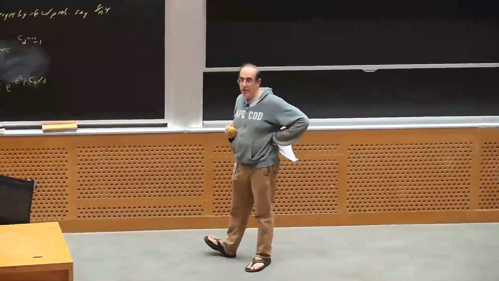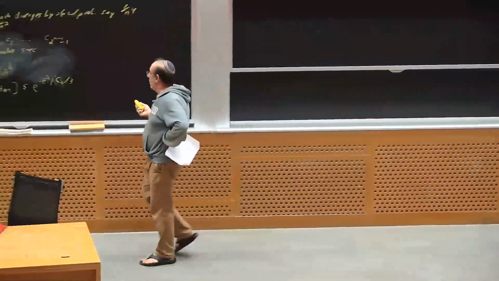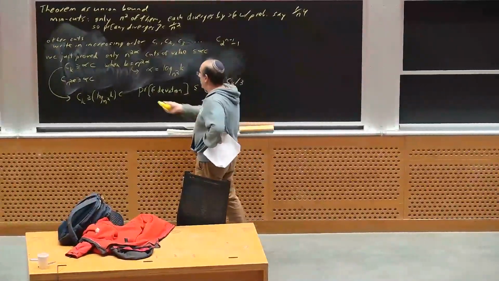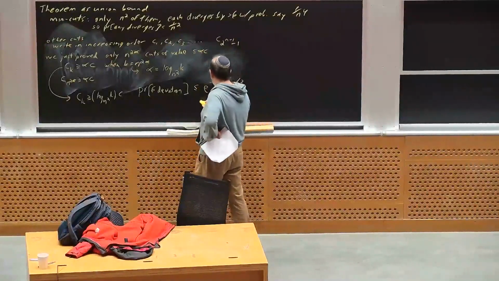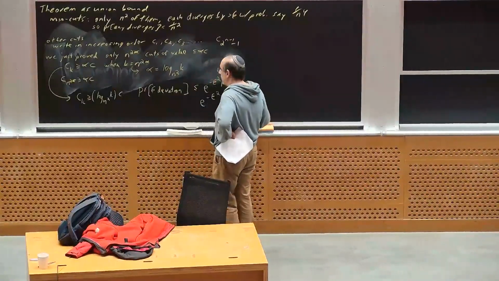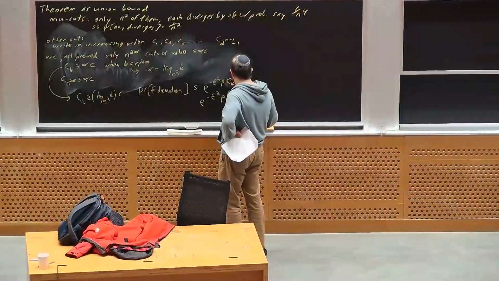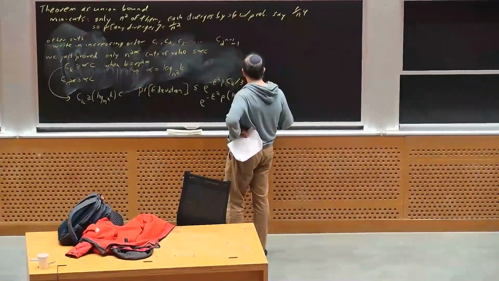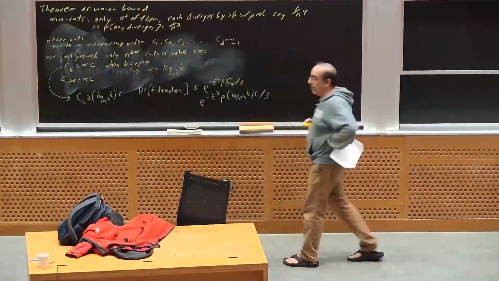Yes? So now I just plug in the value that I found for ck, right? E to the minus epsilon squared p times log base n squared of k times c over 3, right?